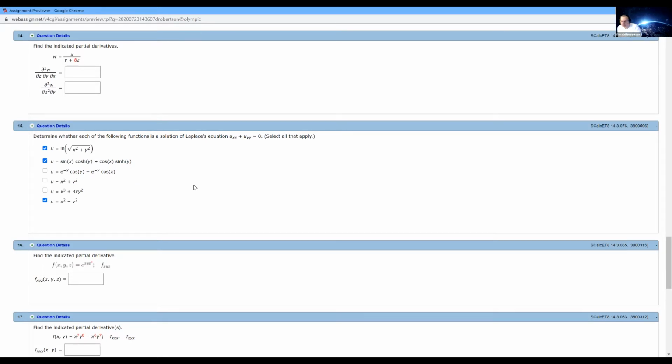So what does that tell me? Well, it tells me something quite interesting. It would have been nice if symmetric functions solved Laplace's equation, but can you see that one did and it's symmetric, and this one didn't and it's also symmetric. So that means Laplace equations might be symmetric, they might not. They might kind of look like each other, and then they might not.